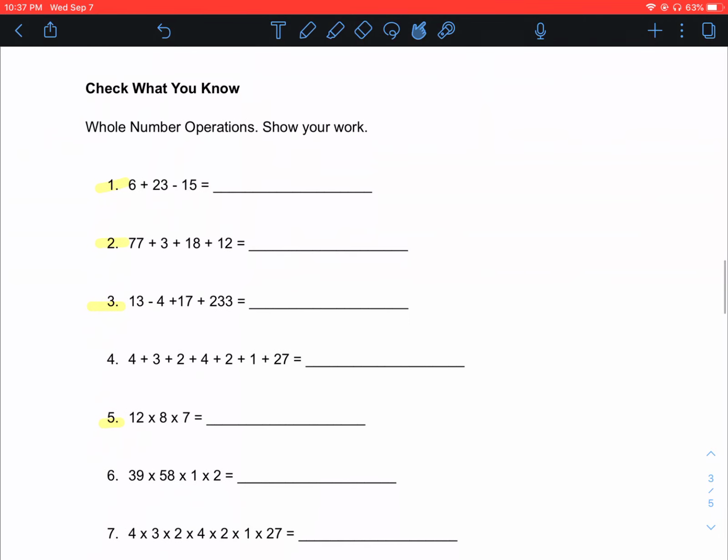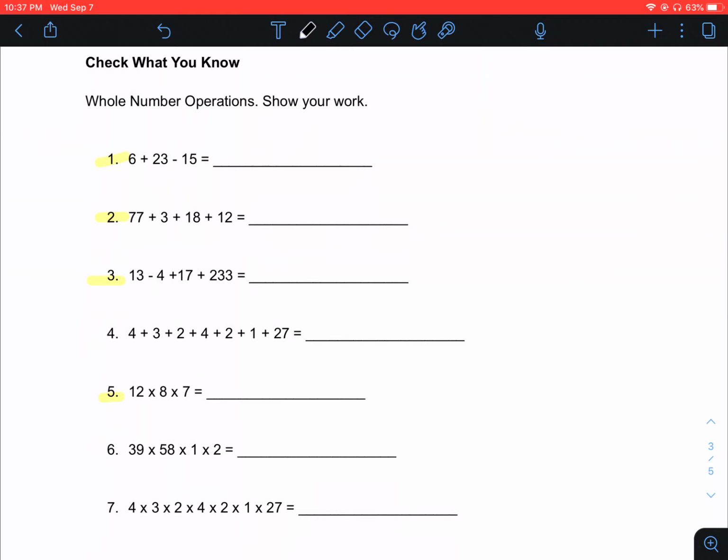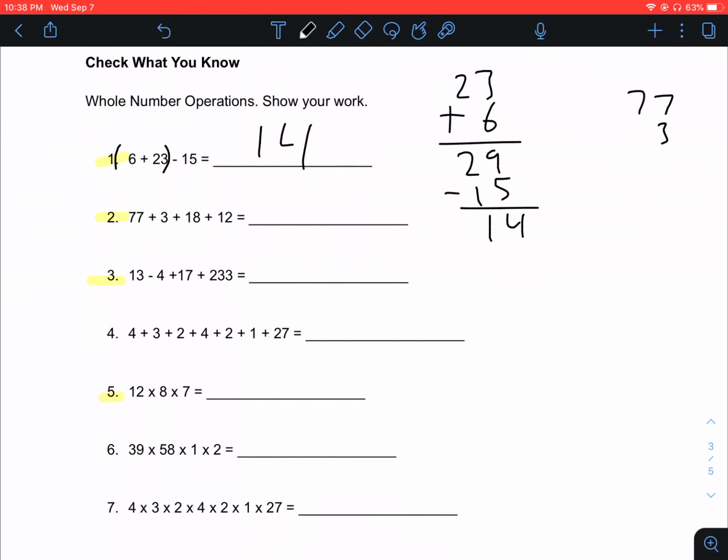For whole number operations, for number 1, all we have to do is add the first terms here. So 23 plus 6 is 29, minus 15 is 14. For number 2, we should put them all up here and then solve accordingly. 2 plus 7 is 9, plus 1 is 10, plus 1 is 11, so 110.